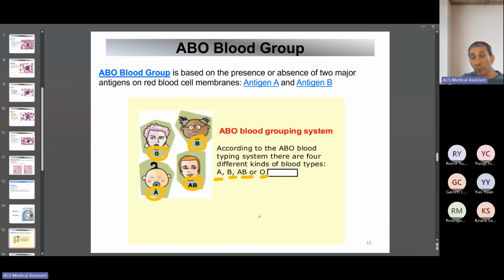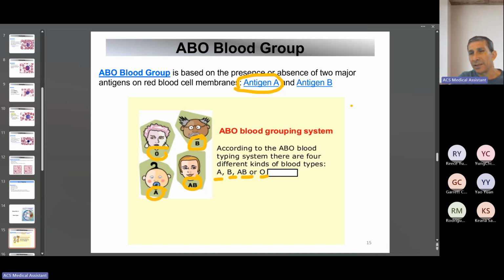Now, before we move further with this chapter, let's talk about what makes these types your type. What is it that makes me A positive? What is it that makes someone else AB positive? How is it that some other people are O negative or O positive? And so on and so forth. It's because of antigens and antibodies.